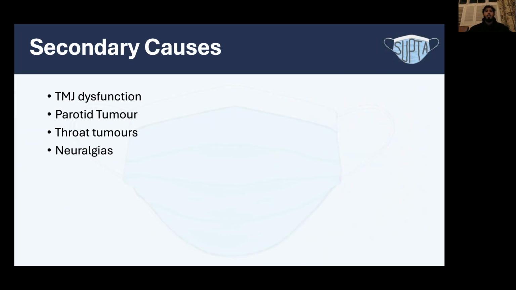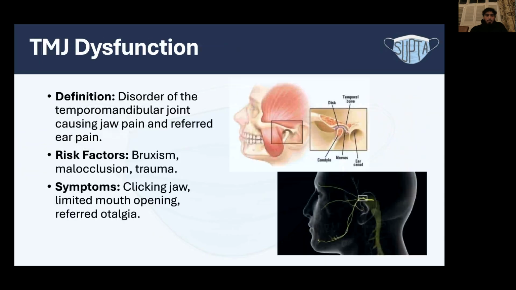Okay. So secondary causes. Secondary causes means that the issue lies outside of the ear, from elsewhere, but it's causing either referred pain or local pain towards the ear. So TMJ dysfunction, this is a common cause of ear pain. Patients usually have clicking, limited mouth opening, and pain exacerbated by chewing.